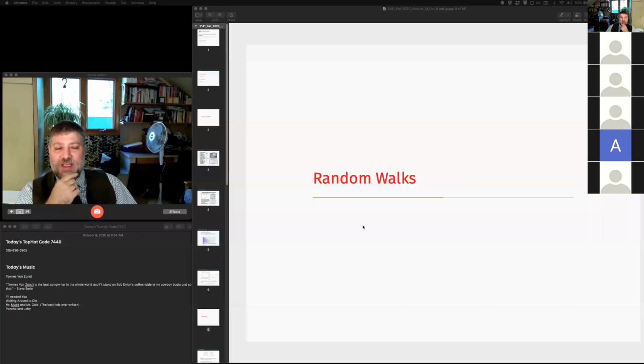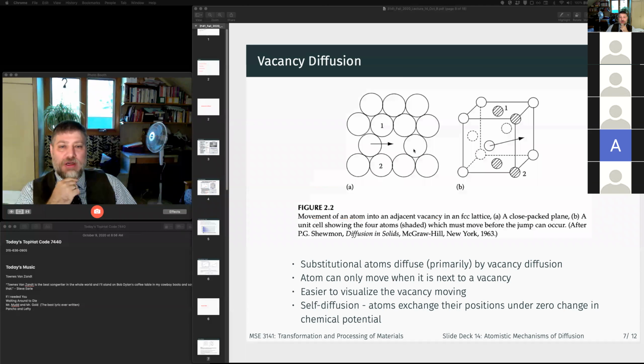And one of the key ideas is a notion of diffusivities controlled by a random walk, right?